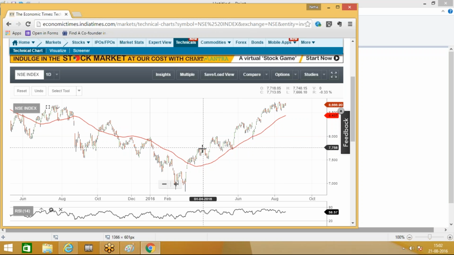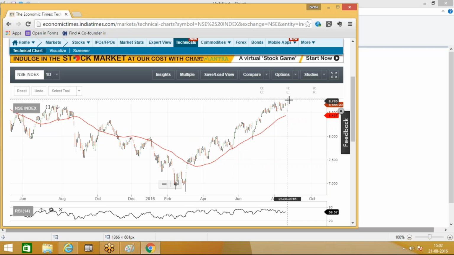Every time it moved a bit away from the moving average, it gave a correction, and then once again it resumed the rally. Nowhere in this entire rally which started in March did the market once go below the moving average. The moving average becomes your very critical support level. Twice it just touched the moving average and then went up.